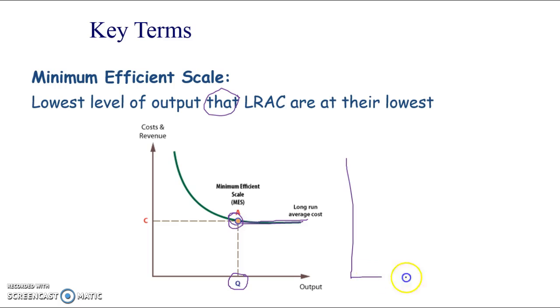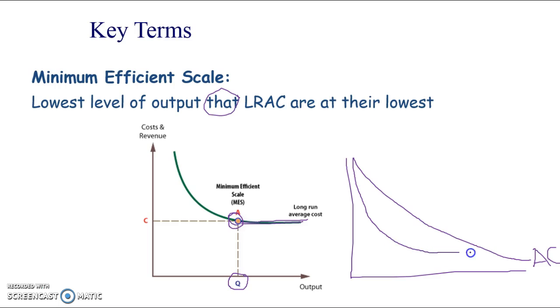So if you have a long run average cost curve for one industry, and I'll just draw another diagram here, and then you have something that looks like this, we can see that the MES sets in a lot sooner for this industry.